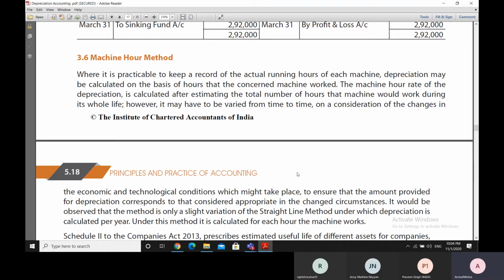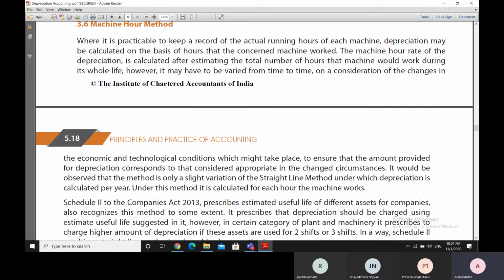Now we would observe that this method is only a very slight variation of the straight line method, because under the straight line method, depreciation is calculated on a per year basis in one go, because there also we are estimating the useful life in years. Here we are estimating the useful life in number of hours that the machine would work. So that being the only difference, there is only a slight variation from the straight line method as compared to the machine hour method.